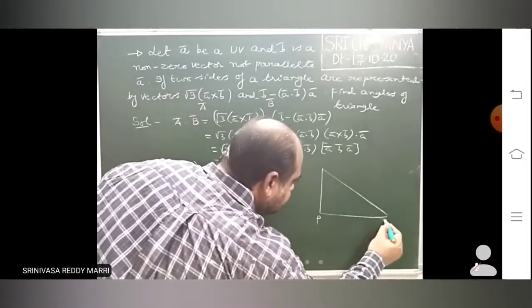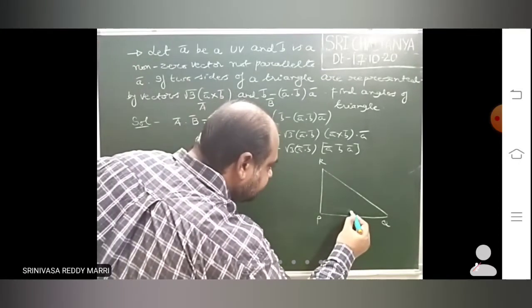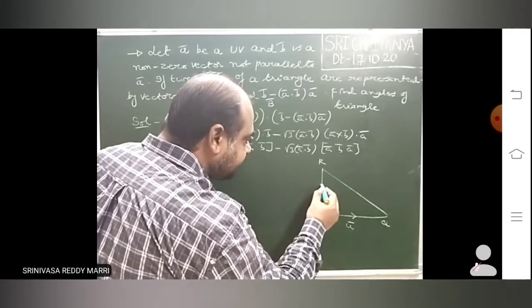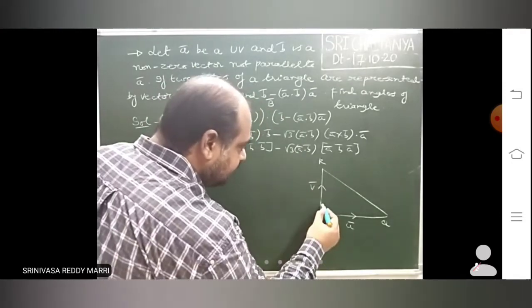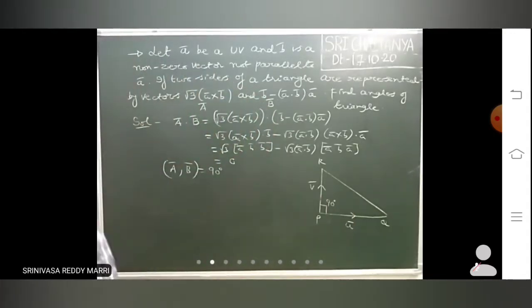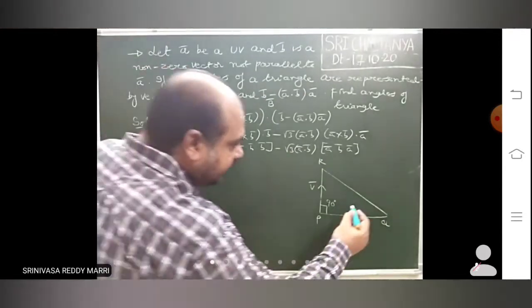Let us say P, Q, R. So this is represented by, let us say, U bar. This is represented by, let us say, V bar. So this angle is 90 degrees. When one angle is 90 degrees, the other two angles we need to calculate.